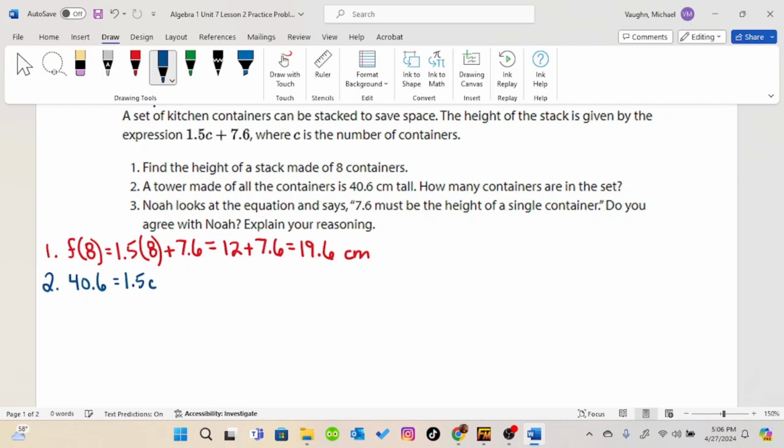So we set the expression equal to the height they give us, and then we start manipulating the equation to get c by itself.